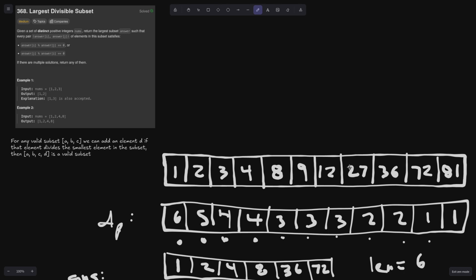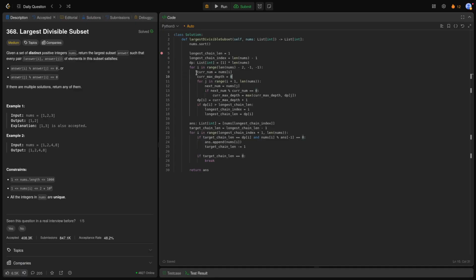So for example 27, or the biggest subset that 27 divides. 27, the biggest one it divides is 81 plus 1. So that's what this is. The cur num is the num we're on. The next num is the one we're seeing if it is divisible by cur num. And then this is just a temporary variable to track the largest valid subset we found that it divides.